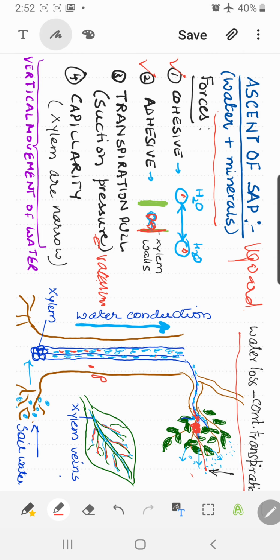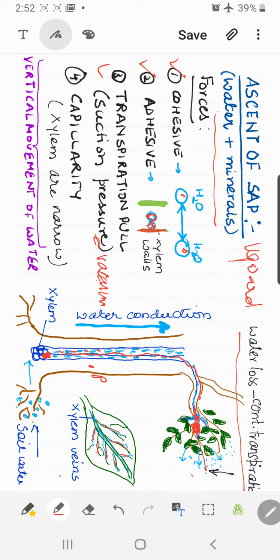It will be pulling up all the water molecules further, and this will cause that gap to be pushed towards the root. That air space will be pushed towards the root cells so that the water column can be maintained continuously. This is suction pressure, and this is due to the continuous loss of water through transpiration, and that's why you also call it transpirational pull.